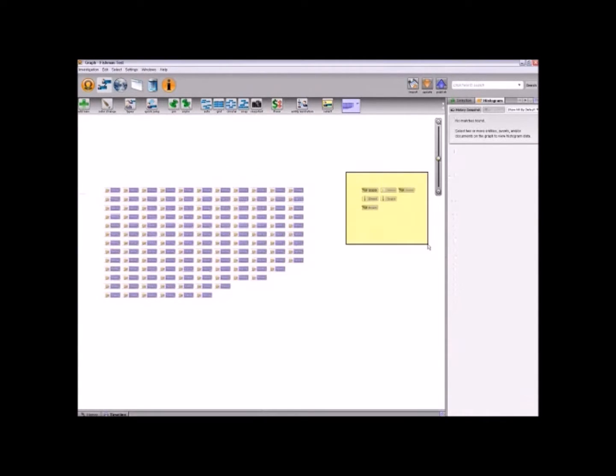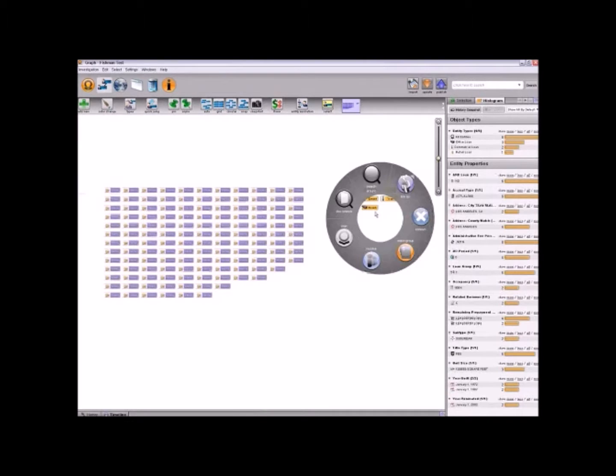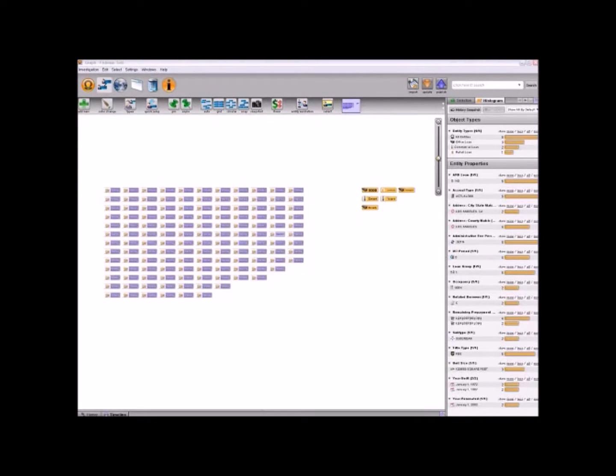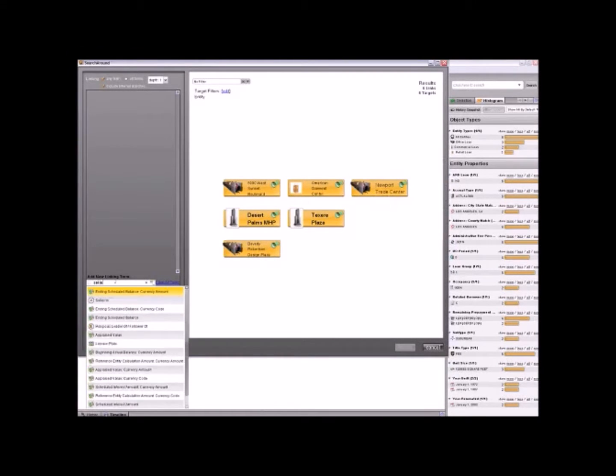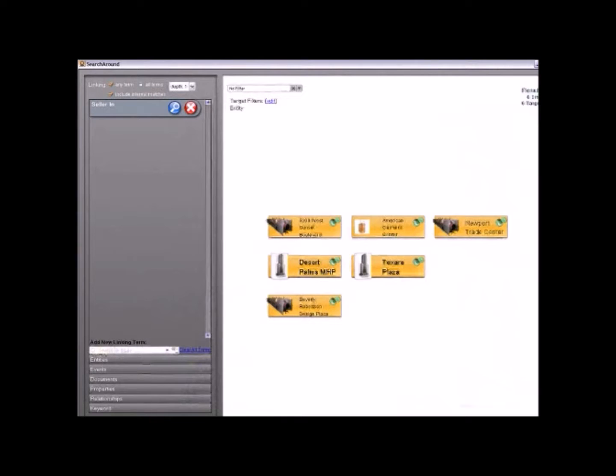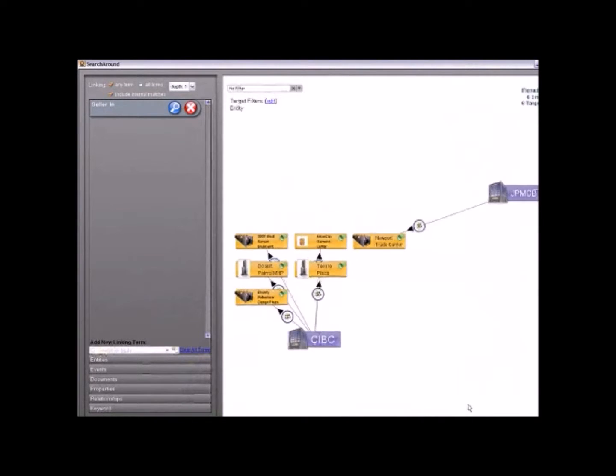First, I'd like to understand the entity that originated and then sold these mortgages. I'll do this just for the commercial mortgages. In the Search Around panel, I'll query for all entities that sold the mortgages.